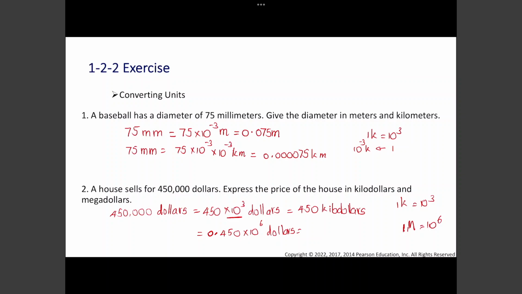And now 10 to the power 6 means mega. So this is 0.450 mega dollars. Right.